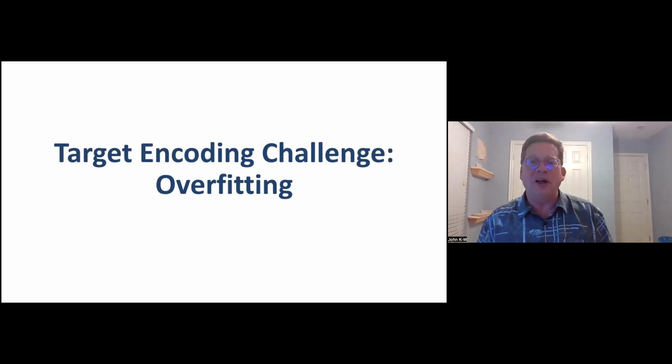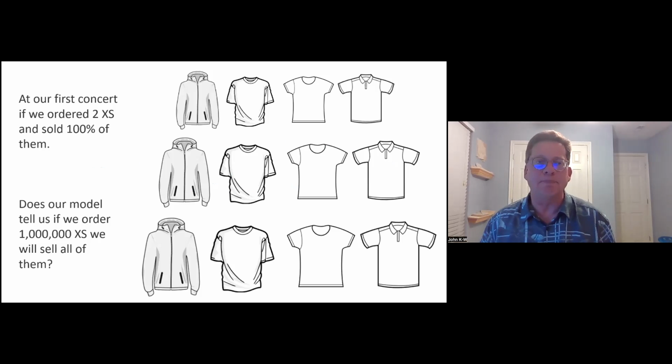So the challenge that people run into with target encoding is overfitting, and we ran into this in a big way. And I'll tell you a little bit more about some of those examples of where we ran into overfitting that really created problems with the predictive analytics we were running.